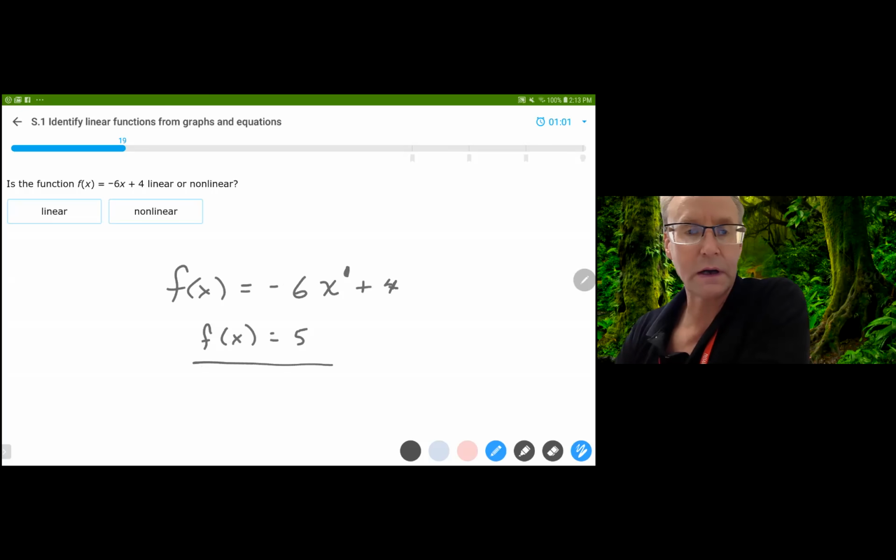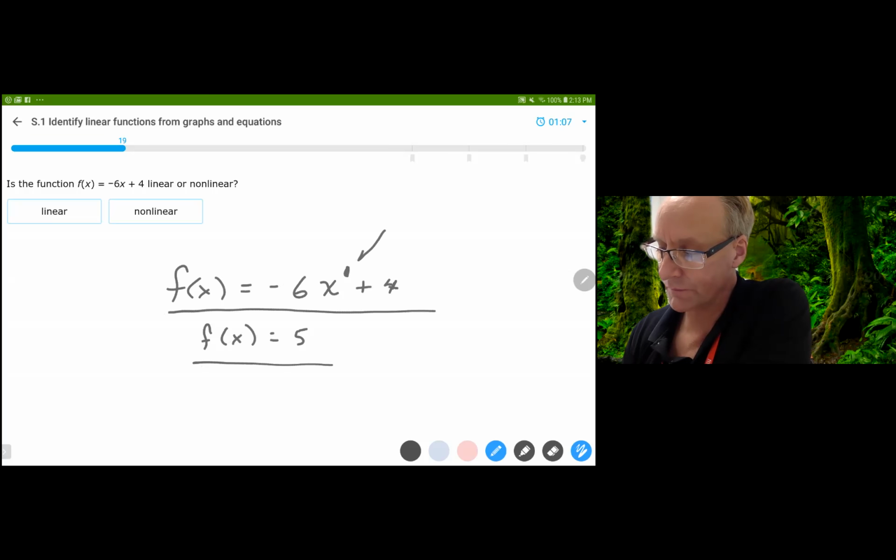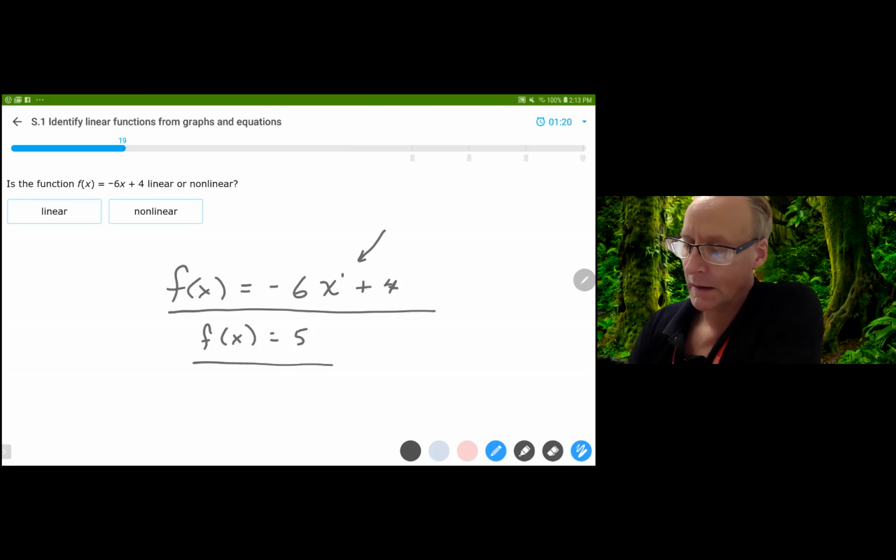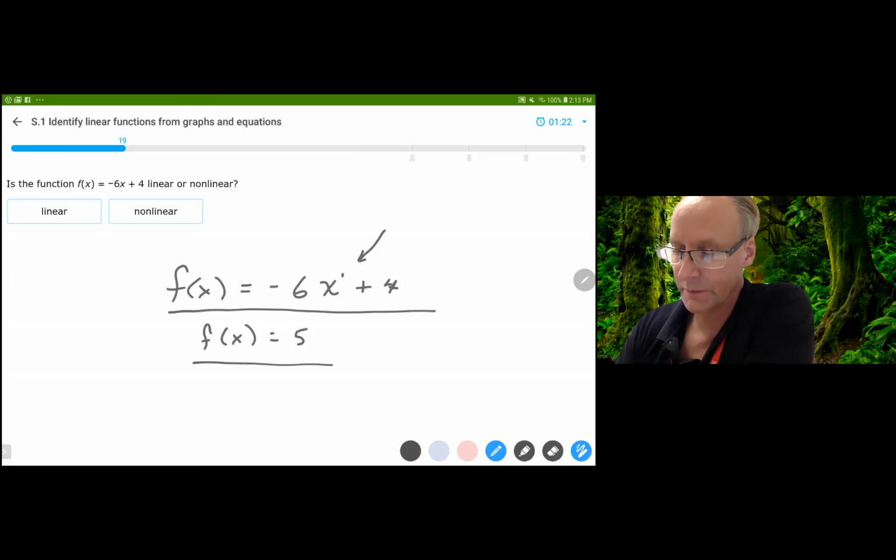This one is called a constant function, which is also linear, but anything that has a variable to the first power. Now, you won't always see that first power written. Sometimes it's just going to look like that. But there is an assumed 1 to that x when the x is written like that. Anyway, of course, this is linear.